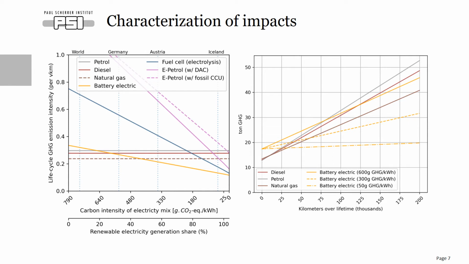That would be the yellow line and the dark blue line. It is to note that the fuel cell car runs on hydrogen produced by electrolysis, therefore very electricity demanding. And then we have a couple of other lines which are actually conventional powertrains but running on synthetic fuels, which are also very electricity demanding.